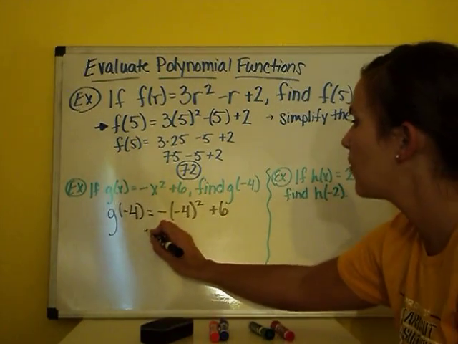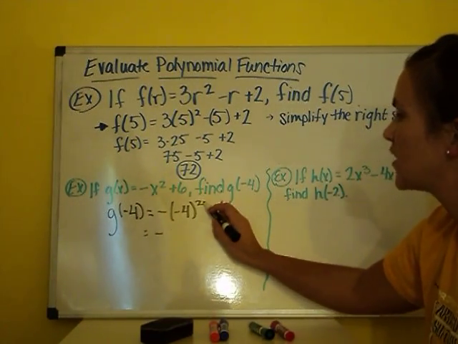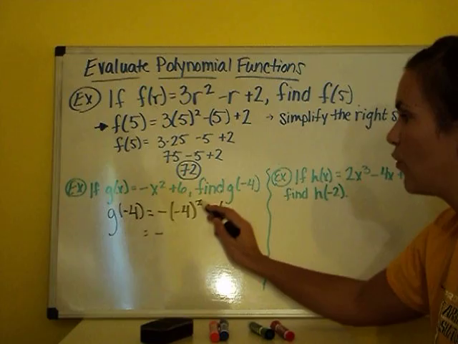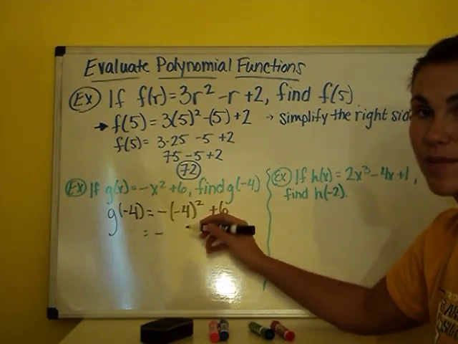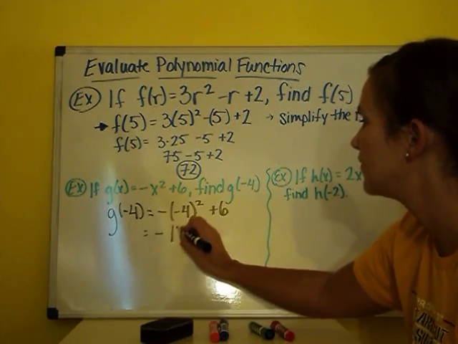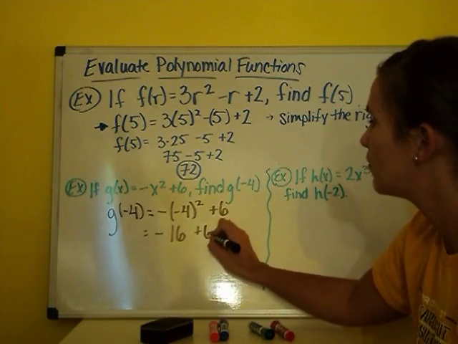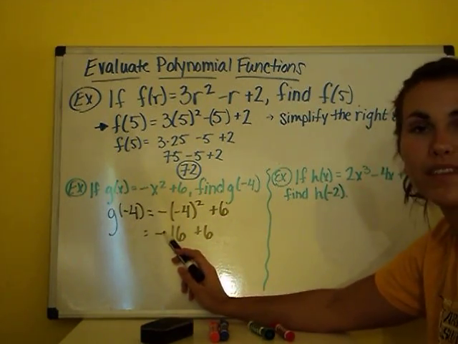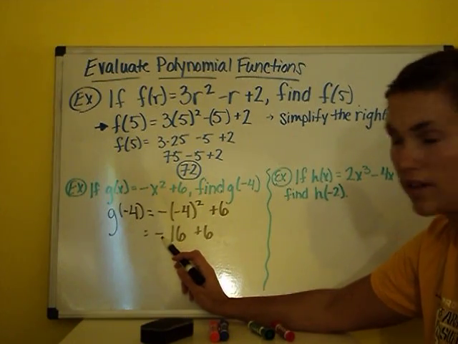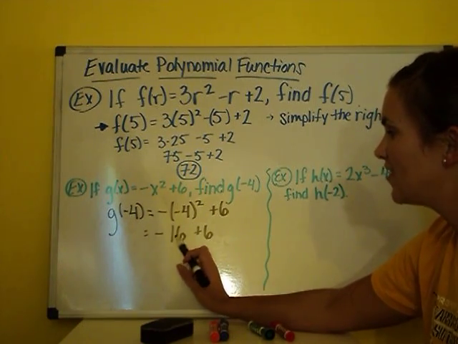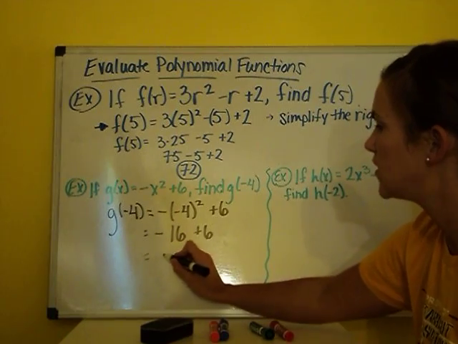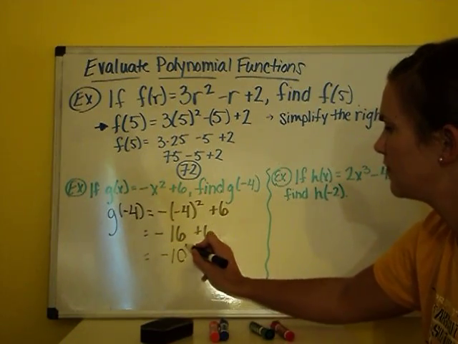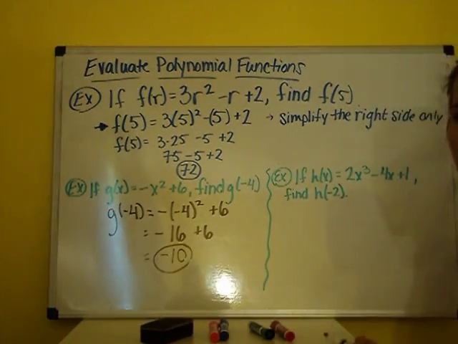So using order of operations, I want to do my exponent first. So negative 4 squared, negative 4 times negative 4 is positive 16 plus 6. And this negative is on the outside of the parentheses, which is basically being multiplied by negative 1. So now I'm going to have this negative 16 plus 6, which is going to give me negative 10. And that is your g of negative 4.